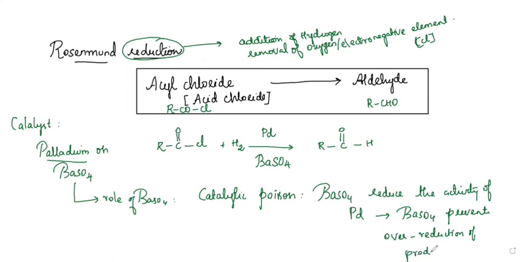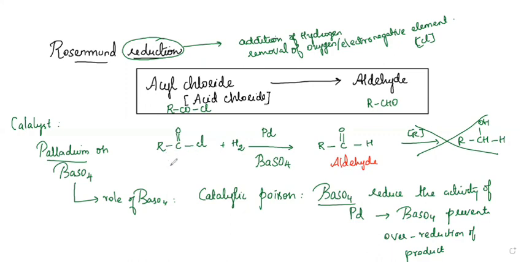If the product, that is aldehyde, undergoes another reduction reaction, what happens? It may be reduced to alcohol. This over reduction will cause another product formation. For that purpose only, barium sulfate is used. So the role of barium sulfate is to stop the reaction at the aldehyde stage. If over reduction happens, it will give alcohol, right?